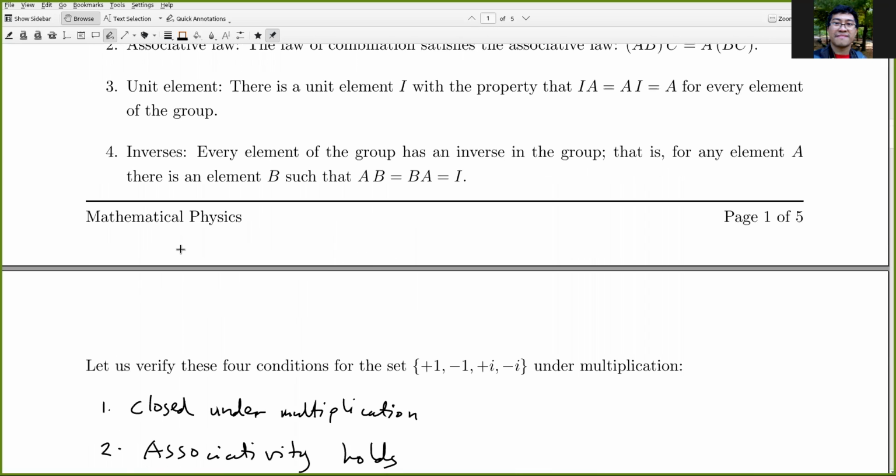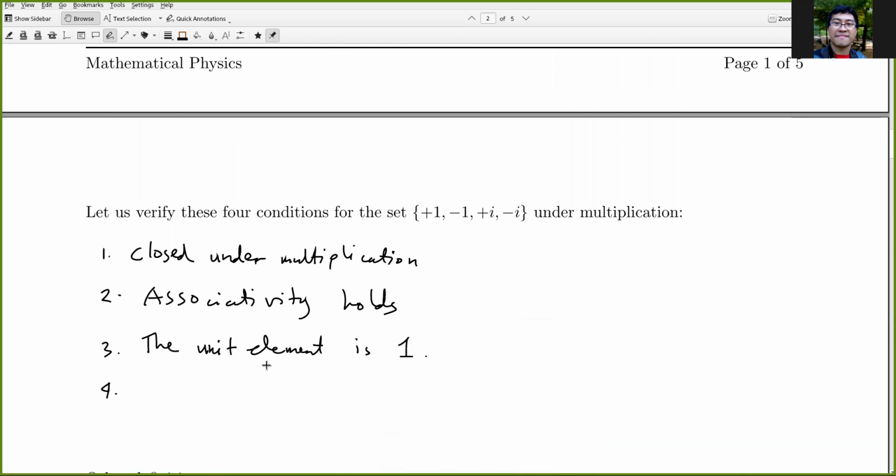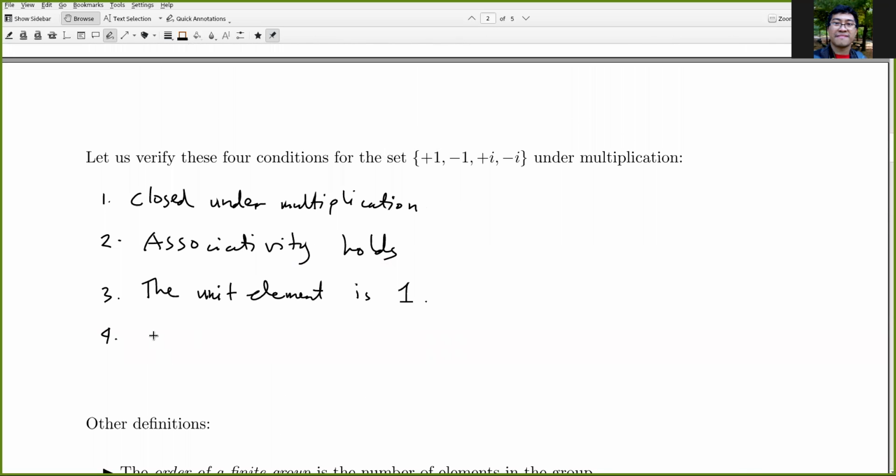For the inverse, let's find the inverse. For 1 multiplied by something, the answer should be 1. So that something is 1. Also, minus 1 multiplied by minus 1, the answer is 1.